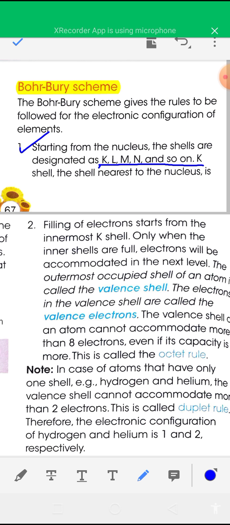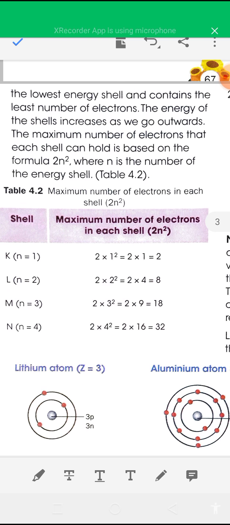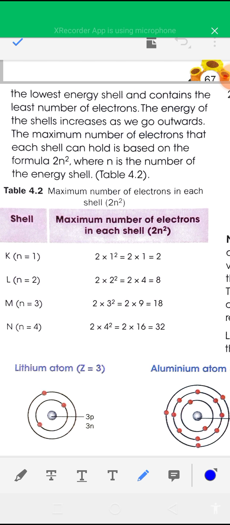The K shell is the nearest shell to the nucleus of an atom. The K shell is the lowest energy shell, and it contains the least number of electrons. The energy of shells increases as we go outwards.